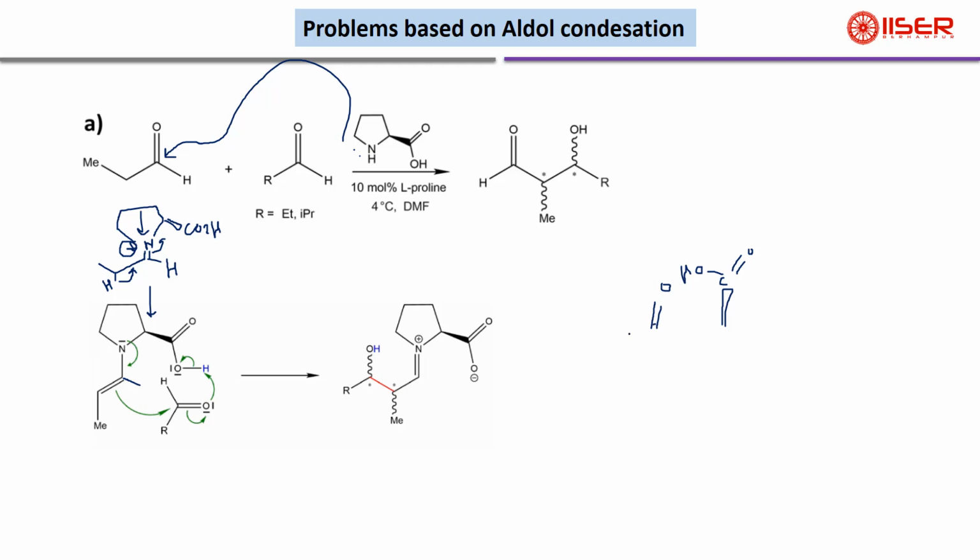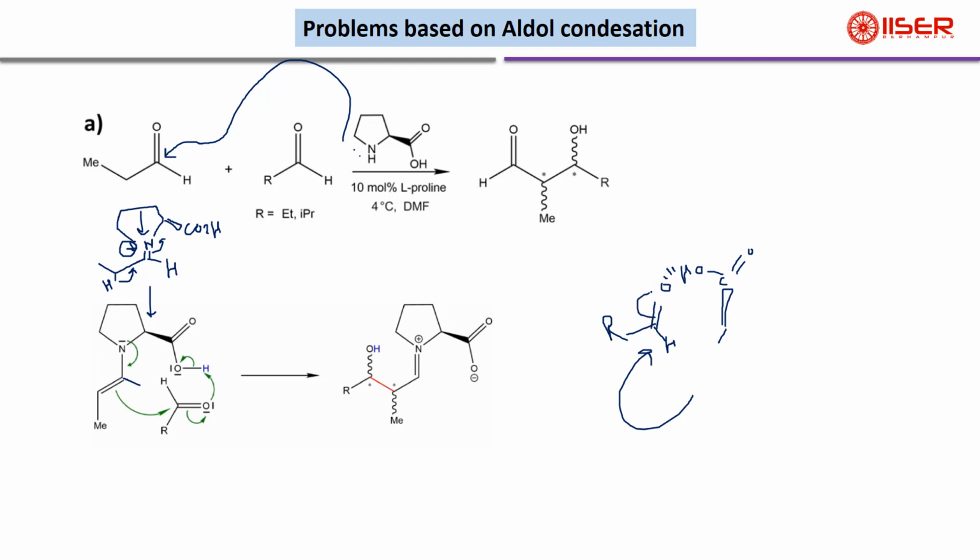With this aldehyde, it will be forming a hydrogen bonding like this. So this upper face is already blocked because this is already coordinated with this one. So the attack is only favorable from below the plane.